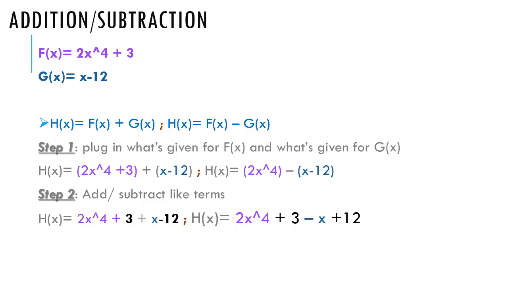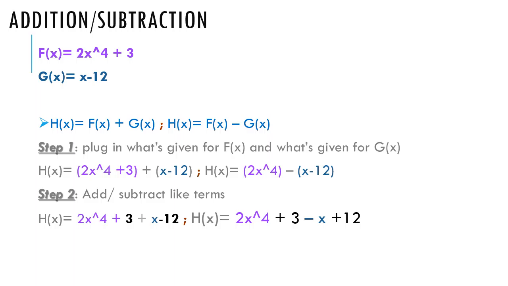Wrong. 2x to the fourth is an x to the fourth power. What we have on the other one is just x to the first power. Now, x to the fourth power and x to the first power are totally different things. Therefore, you cannot add those together. But what you can add together is the 3 and the negative 12. Although one is a negative and one is a positive, they are both integers. Therefore, you can add them together.